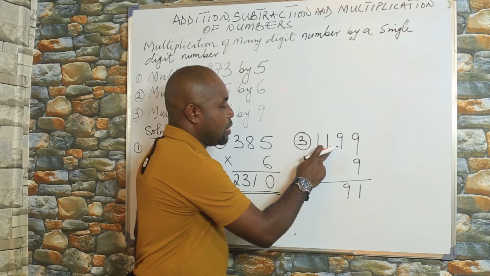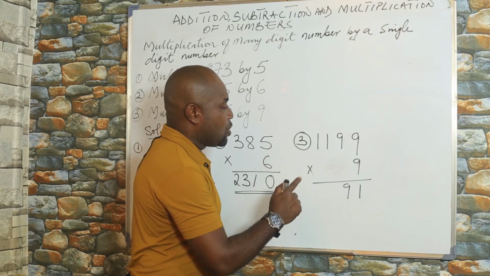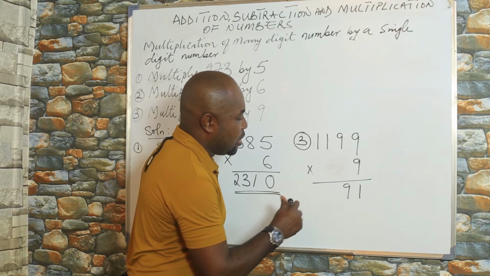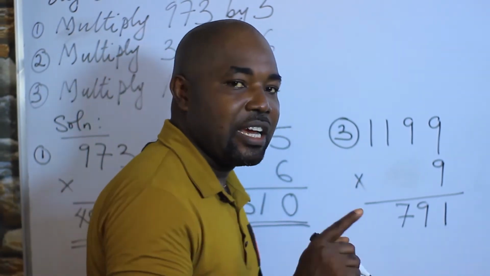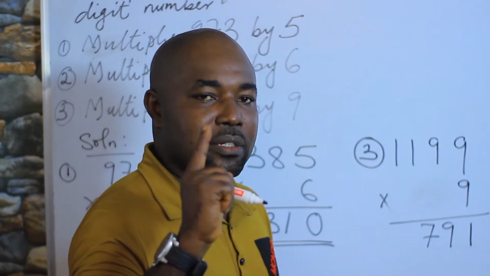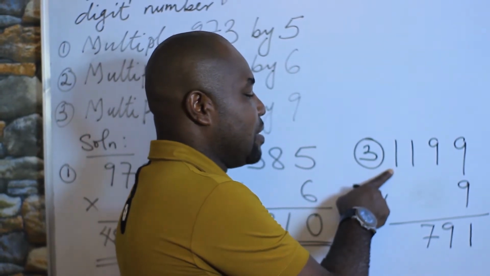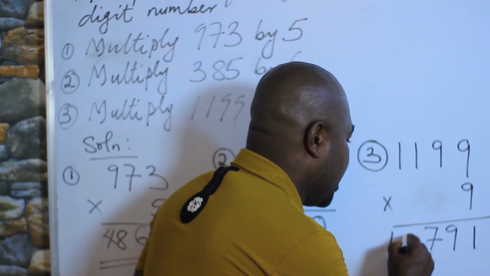9 times 1 is 9. Plus the 8 we carried, it will give us 17. So we write 7, carry 1. 9 times 1 is 9. Plus that 1 is what? 10.